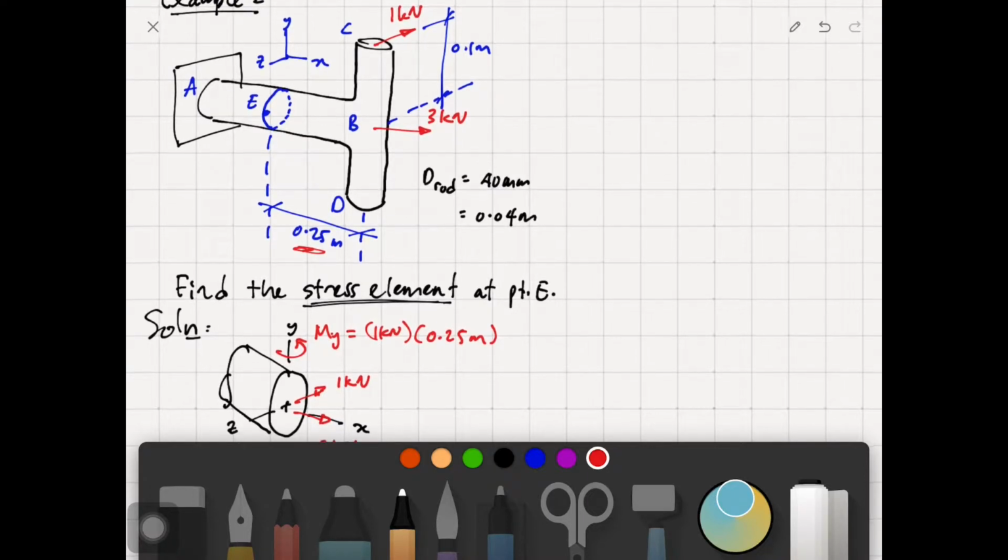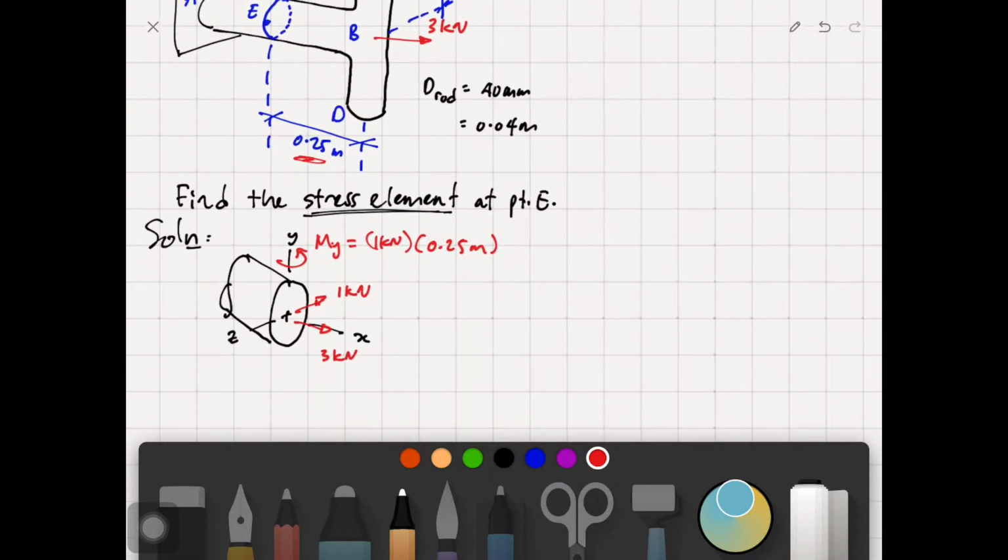That is going to cause rotation as well, but now on the x-axis. This is moment x, equivalent to 1 kilonewton times 0.1 meter.